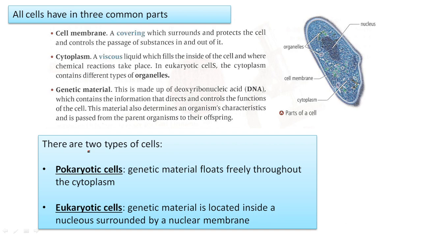Every cell has 3 parts in common. In nature, we can find a large diversity of cells with different structures and functions, but all of them share 3 main characteristics or structures.